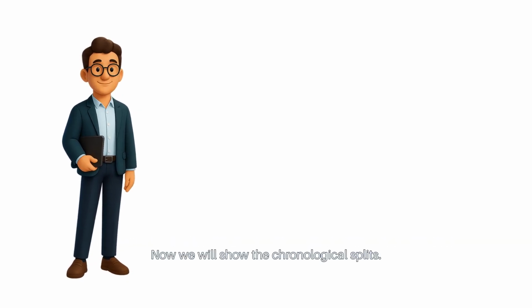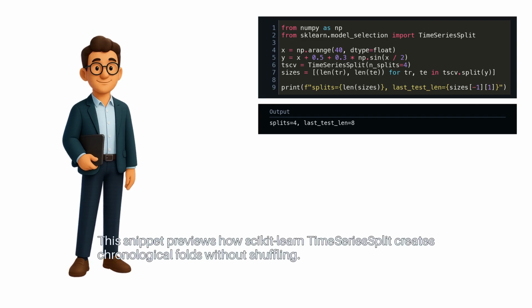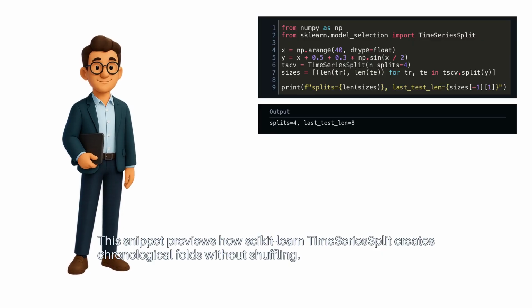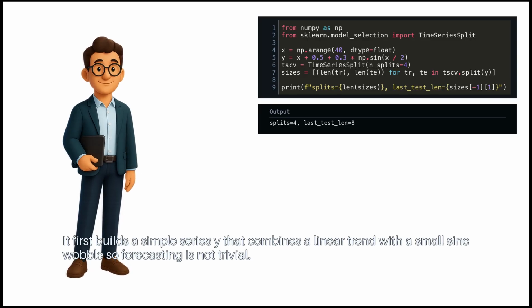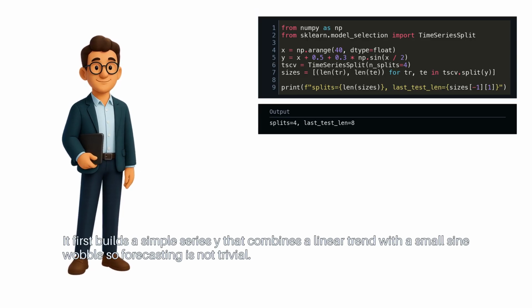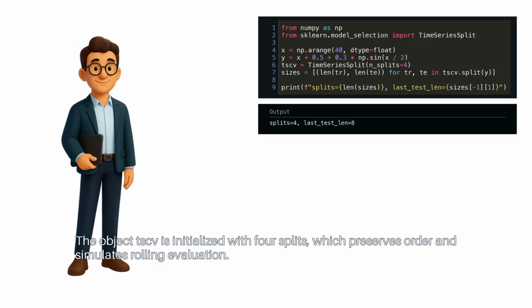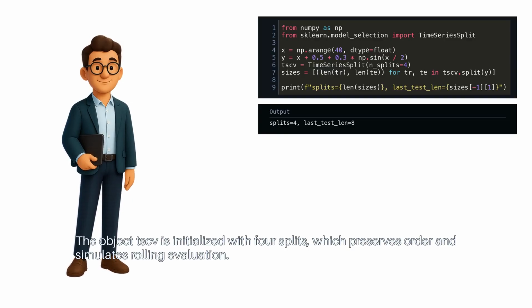Now we will show the chronological splits. This snippet previews how scikit-learn TimeSeriesSplit creates chronological folds without shuffling. It first builds a simple series Y that combines a linear trend with a small sine wobble, so forecasting is not trivial. The object TSCV is initialized with 4 splits, which preserves order and simulates rolling evaluation.